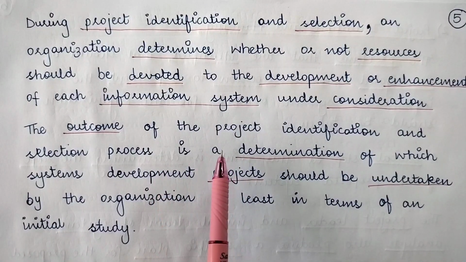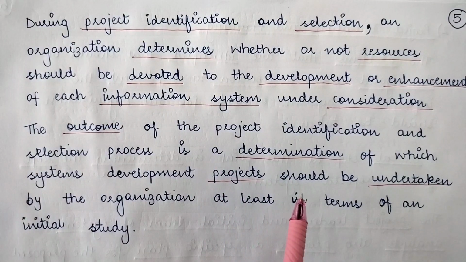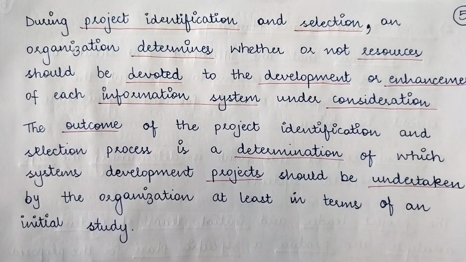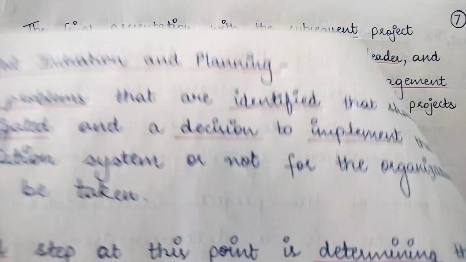Now, the outcome of this phase would be that out of all the alternative projects, the system analyst would decide which few projects should be undertaken by the organization in terms of an initial study. So, for an initial study, which are a fewer of the projects which I can select from all the available projects for this organization. This is decided by the system analyst in this very phase.